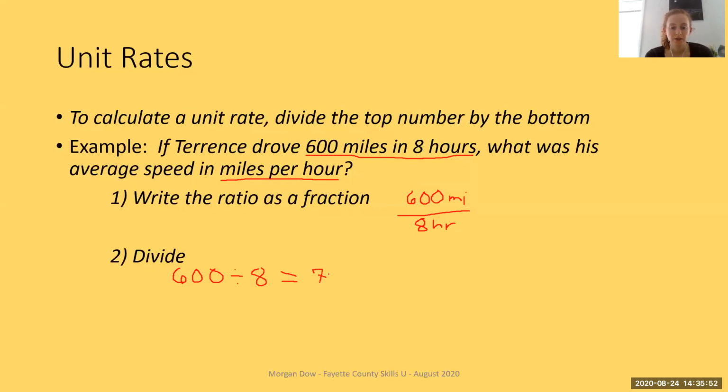And so his average speed in miles per hour was 75 miles per hour, per 1 hour. Another way you might see that written is just 75 mph, miles per hour.